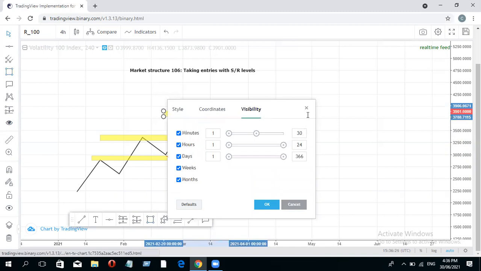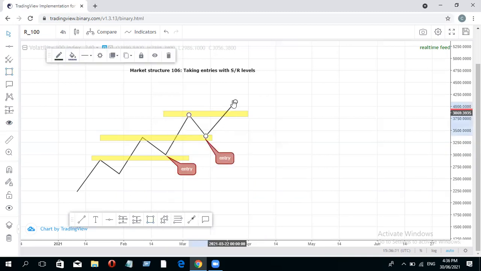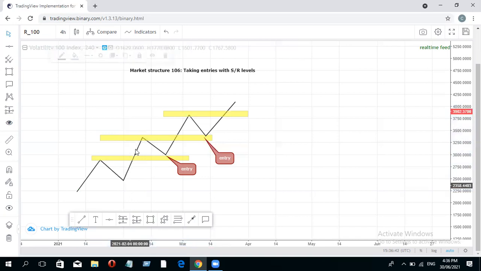This is just the idea behind it. So the market breaks the previous resistance, which was a higher high, comes down to form a higher low. This would have been your entry. This would have been your entry. All right. Then it goes up to the next resistance, forms a higher low, breaks up. So this would have been your entry right here, right?